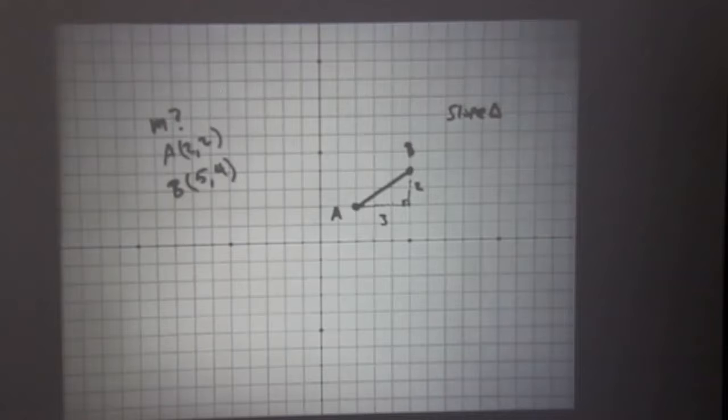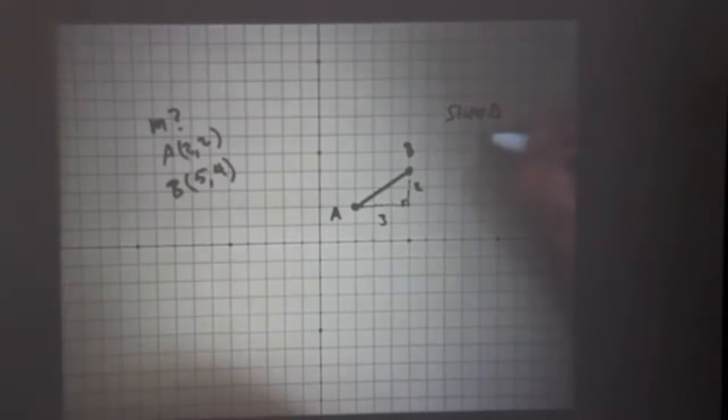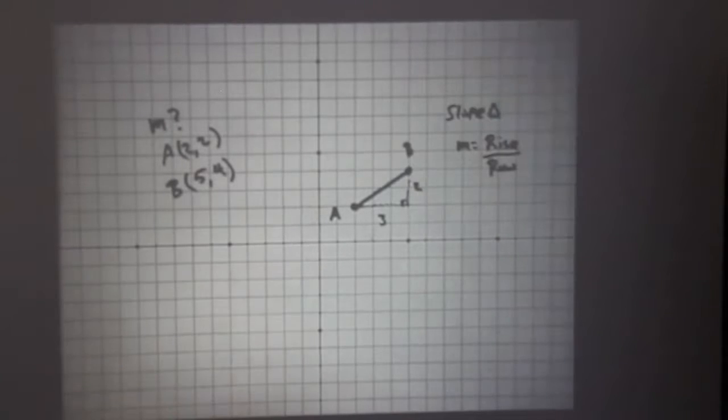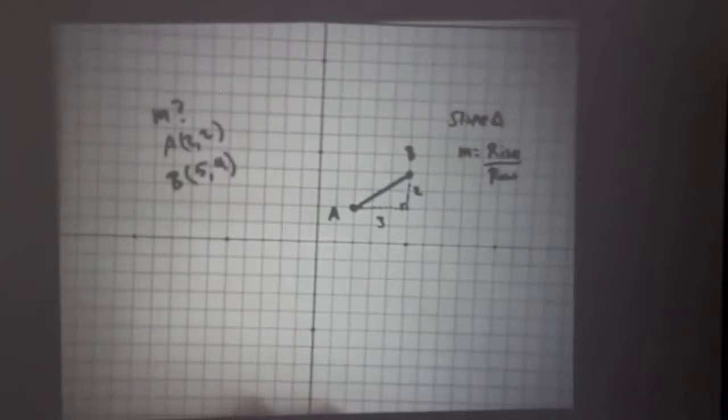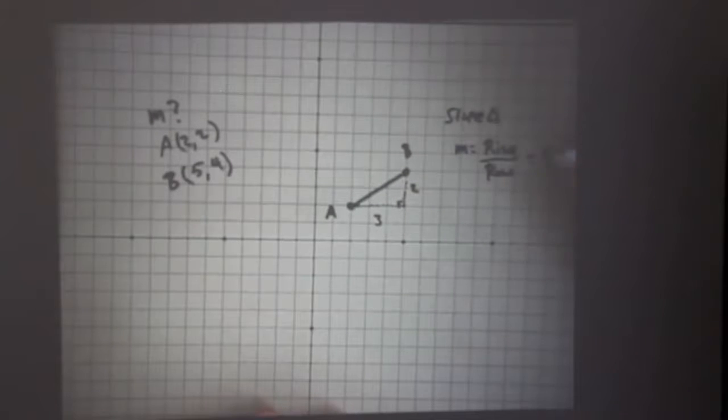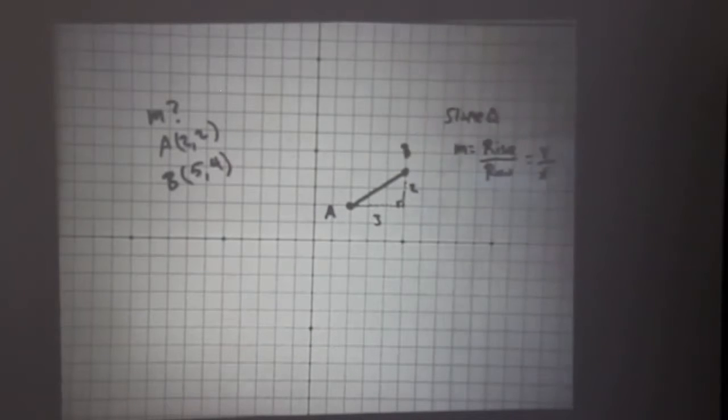And when we do slope calculation, slope is always rise over run. Y over X. When we talk about rise, that's up or down, up or down. Up and down is always measured in the Y-axis, so that's why it's Y's on top.